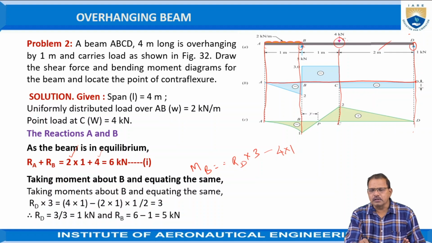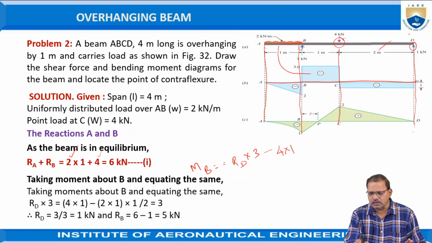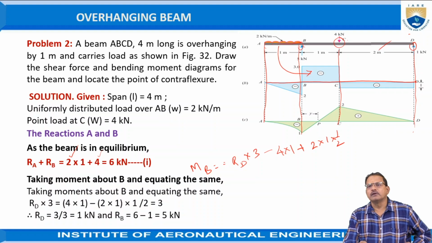But the uniformly distributed load, which is acting toward the left side of point B, again tends to rotate the body in anti-clockwise direction, so again positive, which is 2 kilonewtons, here 1 into 1 by 2. But it should be equal to 0 as required.